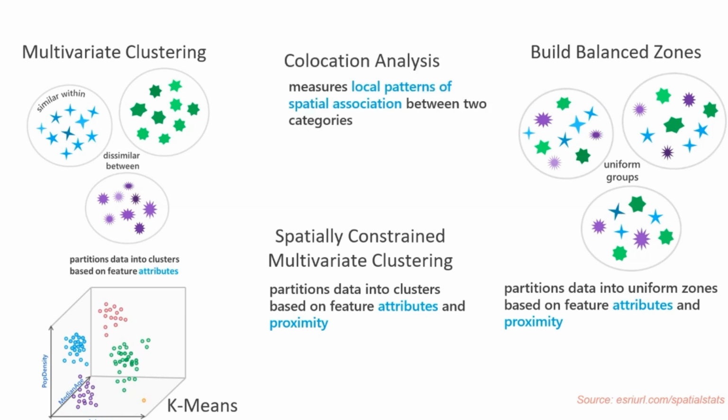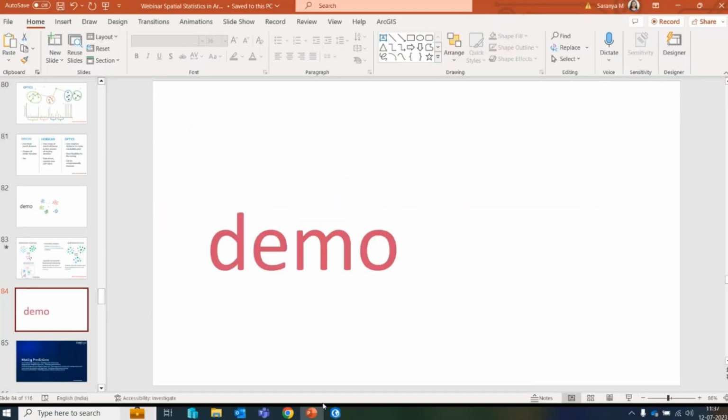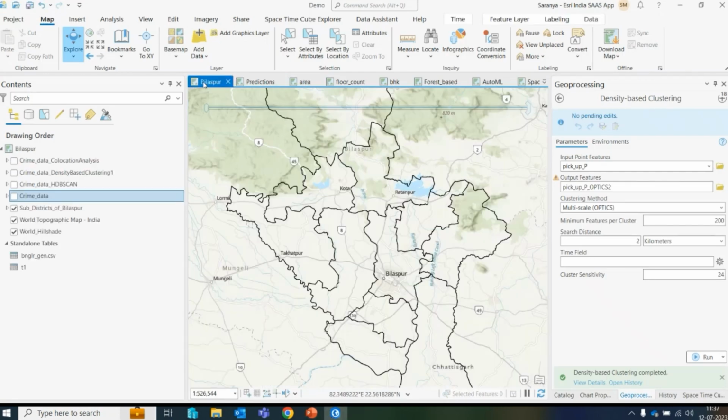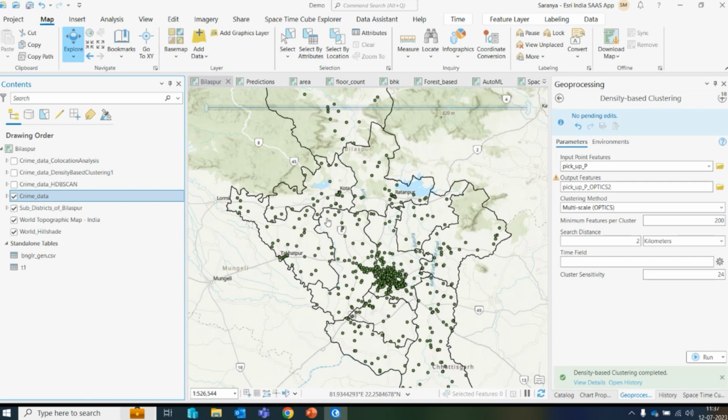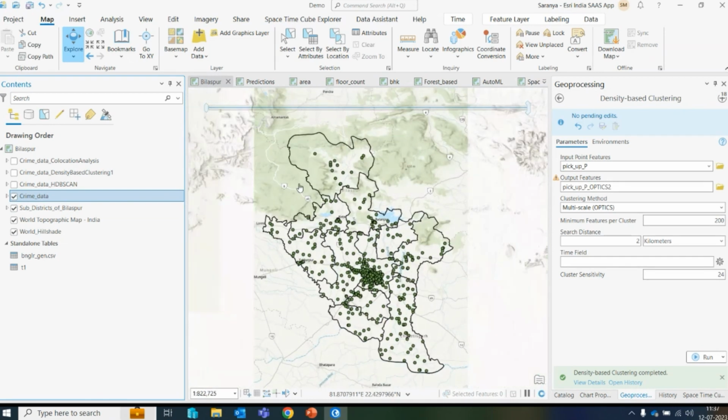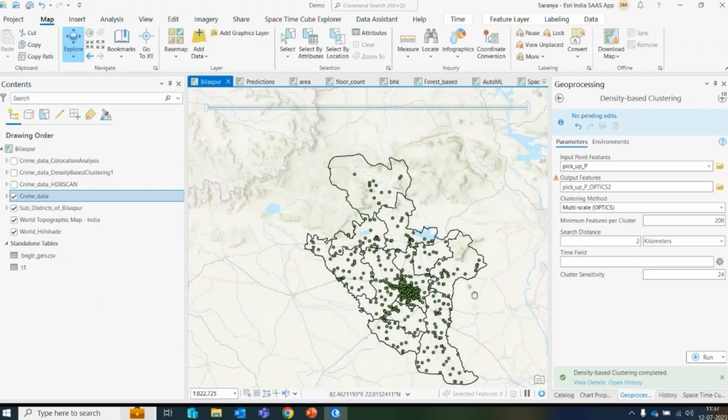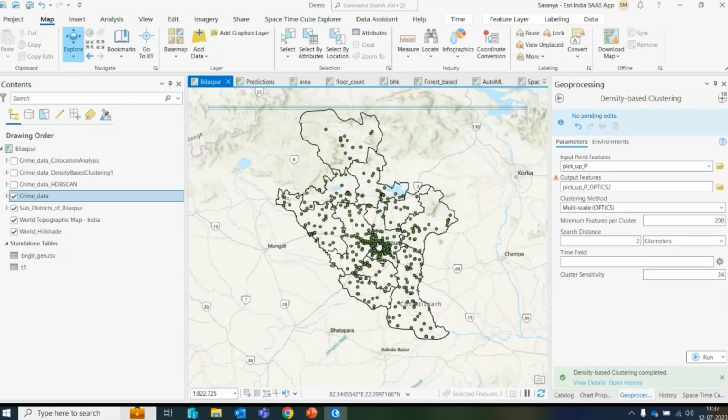We also have tools for co-location, which measures local patterns of spatial association between two categories. So how do we do this co-location analysis? For this, I'll be taking crime data in the district of Bilaspur. So here I have the locations where the crime has happened.